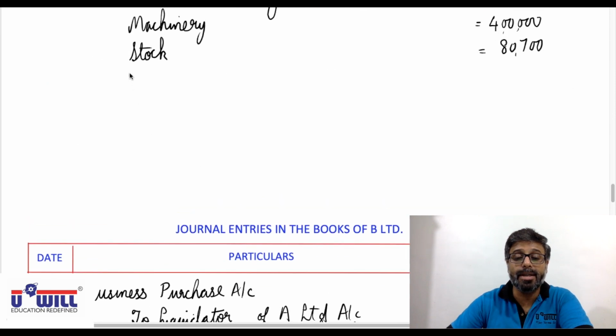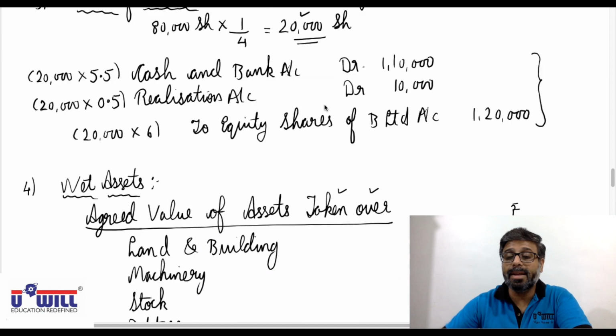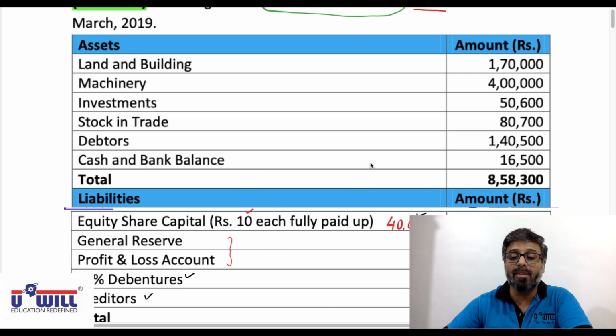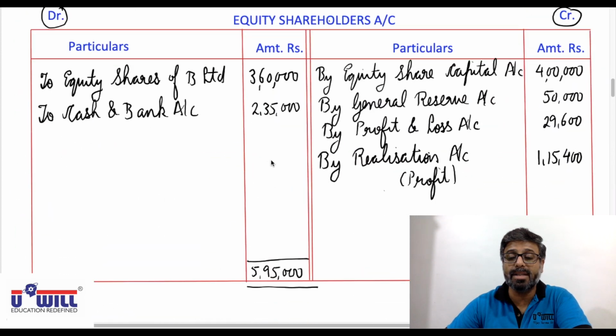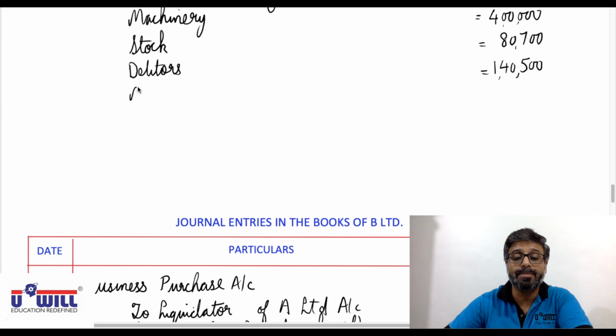Okay. Then after debtors, cash and bank always at book value 16,500. Okay, cash and bank 16,500.